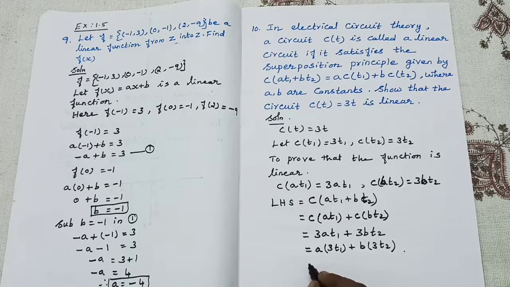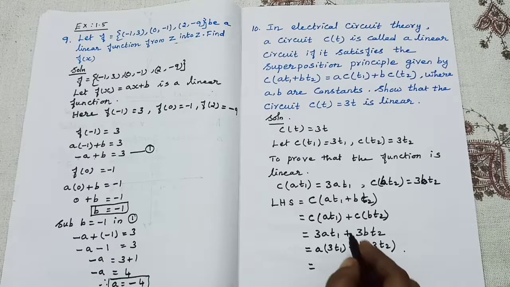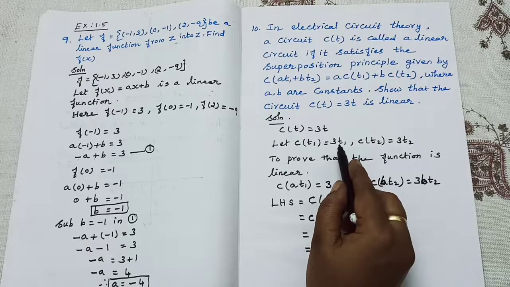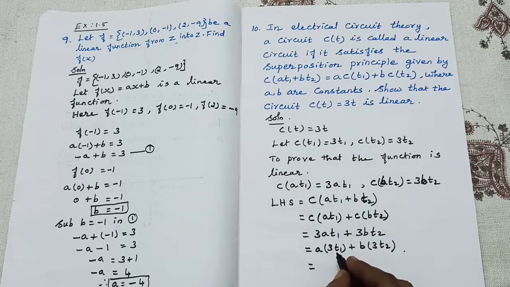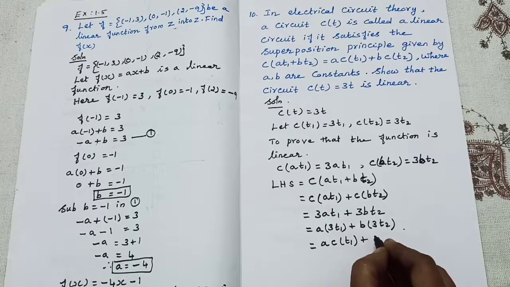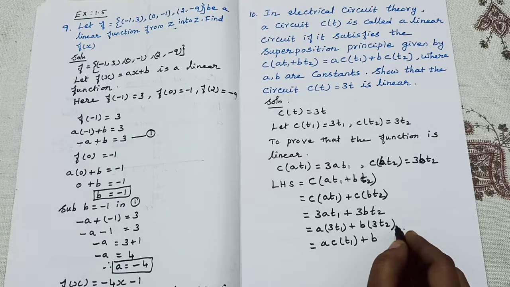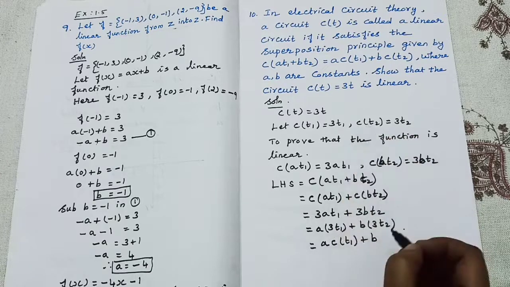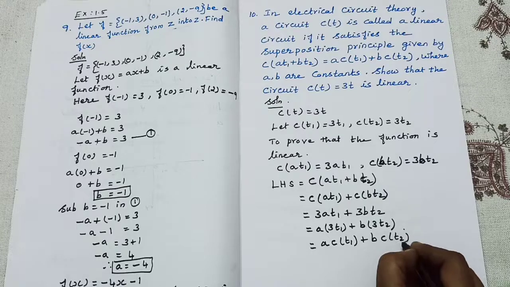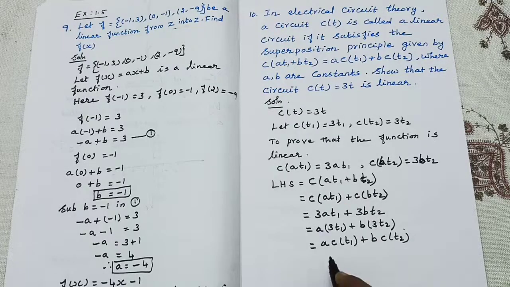Then A into 3T1: in place of 3T1 we substitute C of T1, since at the start we defined it. So A into C of T1, plus B into 3T2, and 3T2 means C of T2. Already we took that, isn't it?